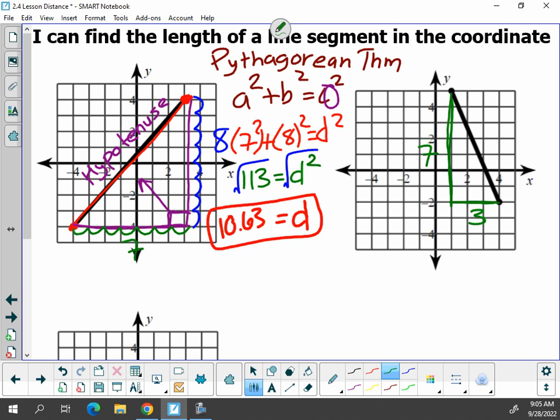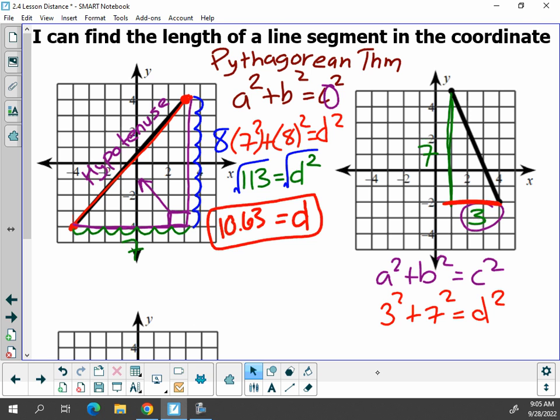And I can plug into Pythagorean Theorem. And I think it's always a great idea to write it every single problem, and then you're reinforcing what the formula is. And I like to put the x value in for a. So the x value, the horizontal distance is 3. My y distance is 7. And I'm going to change c to d.